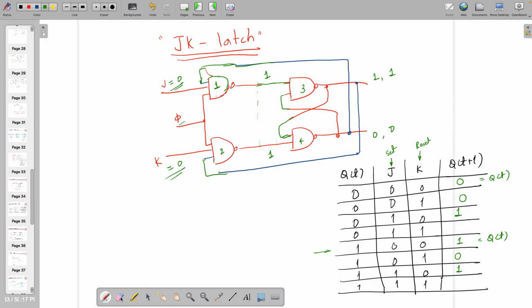Okay, so if this is fine, let's look at this condition because that is a very important condition. It also has a name, so we will talk about it, but before giving a name to that, let's understand how it works. So if q of t equal to 0 and this equal to 1, so 0 is coming here, so 1 0 will give me 1, this 1 is going here, so all 1 will be 0.